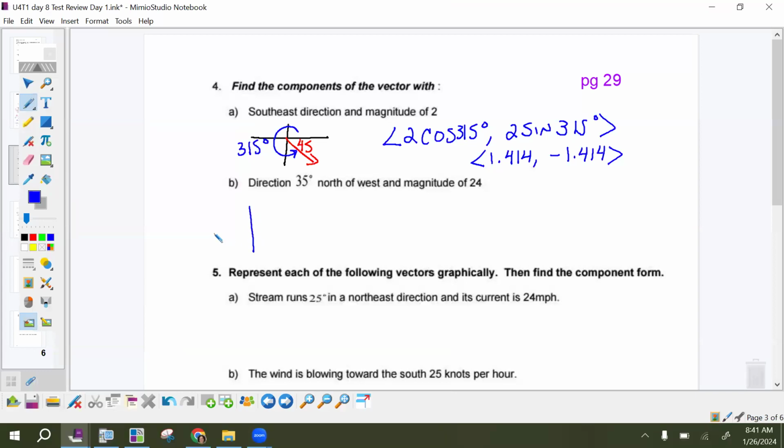Direction 35 degrees north of west. So that's this reference angle. So our angle of rotation is here. It's going to be 180 minus 35. We've got magnitude cosine, magnitude sine.